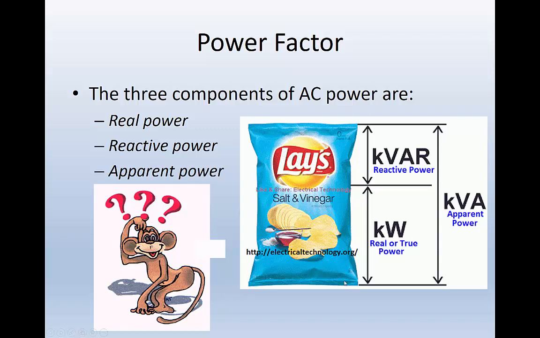Well, the chips inside are the real or true power, and that's always less than the apparent power. The reactive power is all of that air that's just up here. So if you want to think about power factor, it's real power over apparent power. If you want to think about that like a percentage, it's always less than 100%.